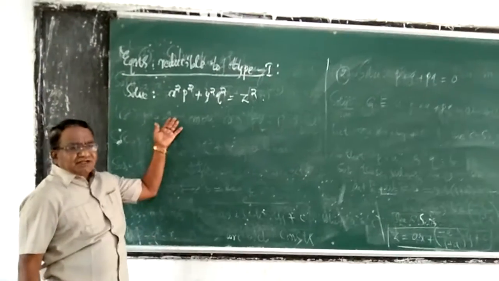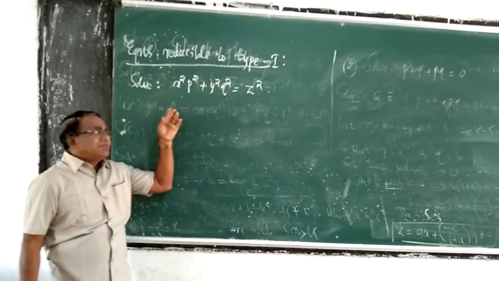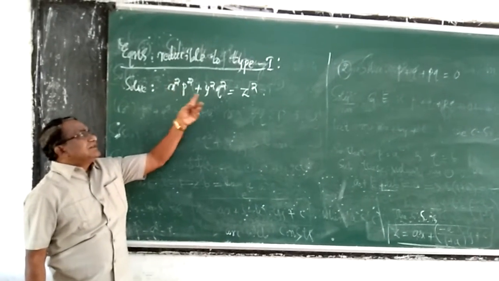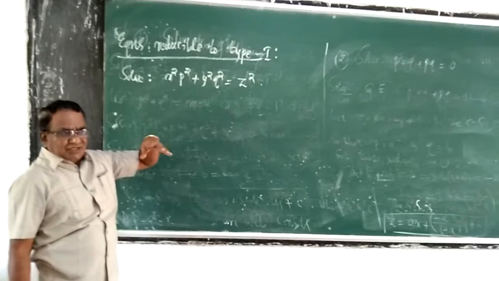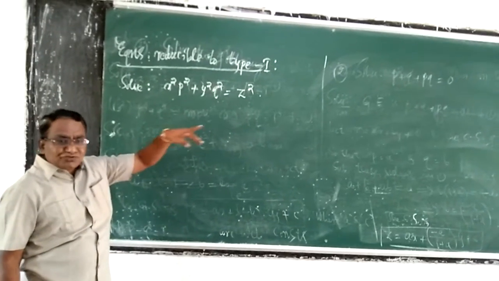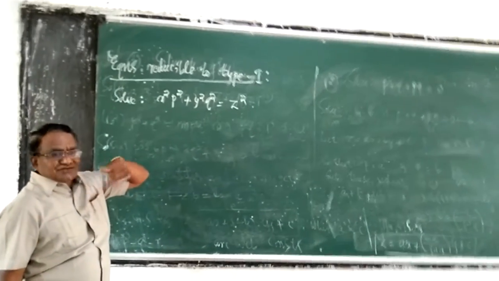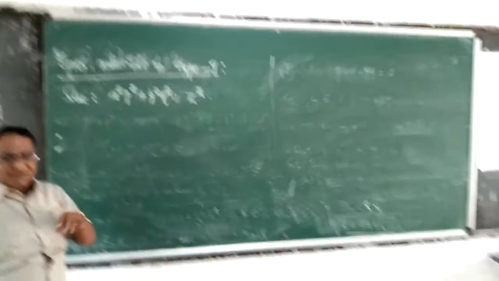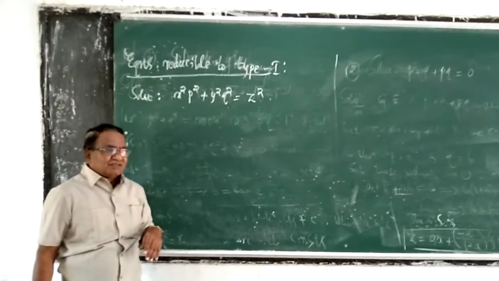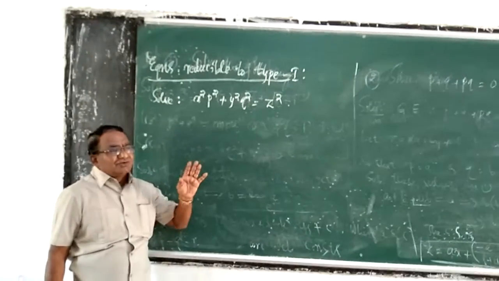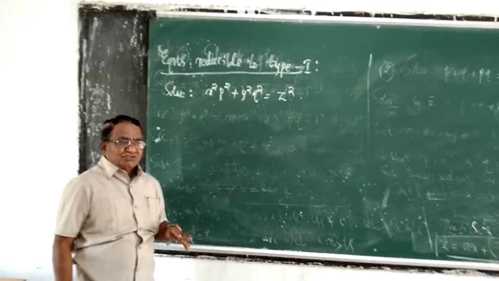See, this is not of type 1. Why? Because it contains x and y with p and q, and z also is there. So it is not of type 1, but with the help of some suitable substitutions we can convert it into type 1 here. How, I will show you.